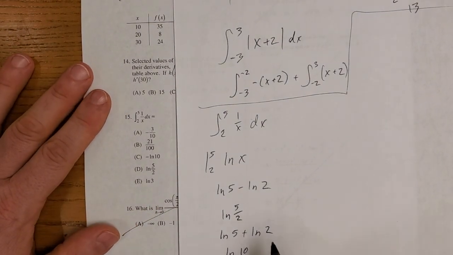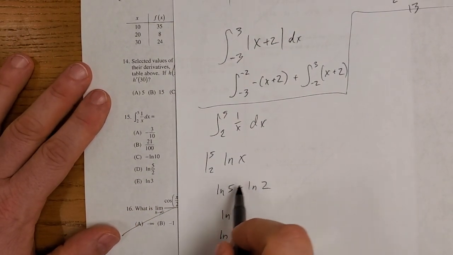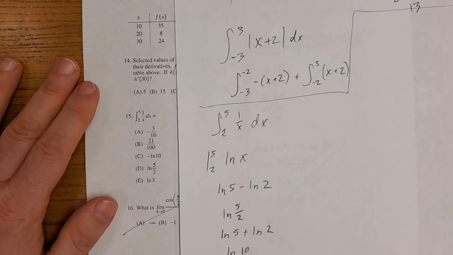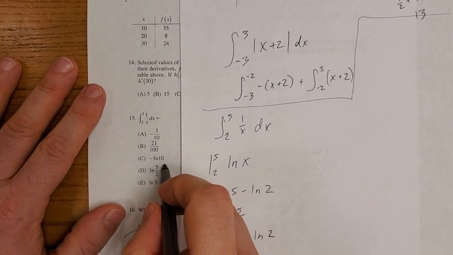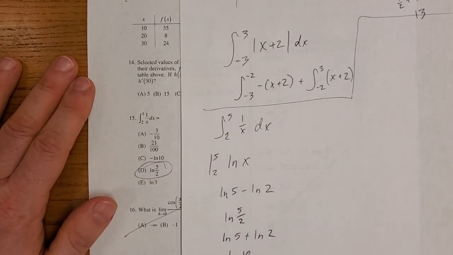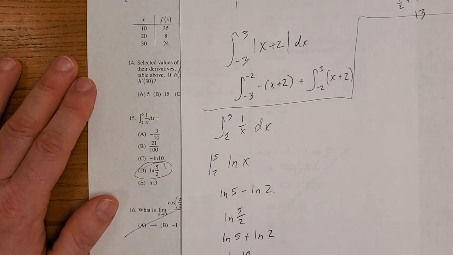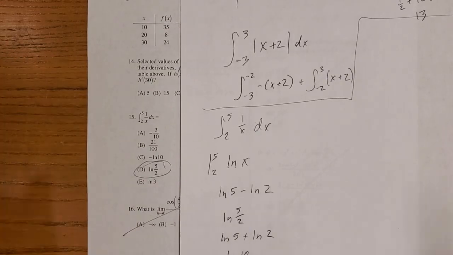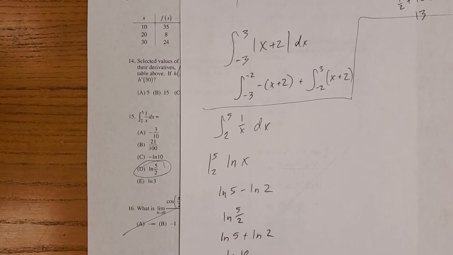But because we're subtracting, that becomes a division. That's how you join the logs together. And that's not even a calculus thing. I think that's an algebra thing, when you learn about what you can do with the logs.